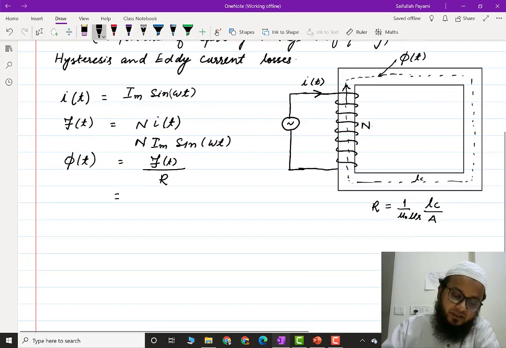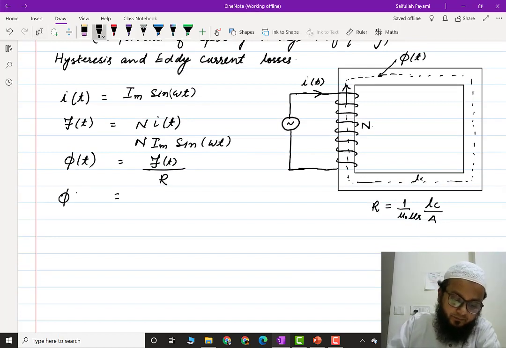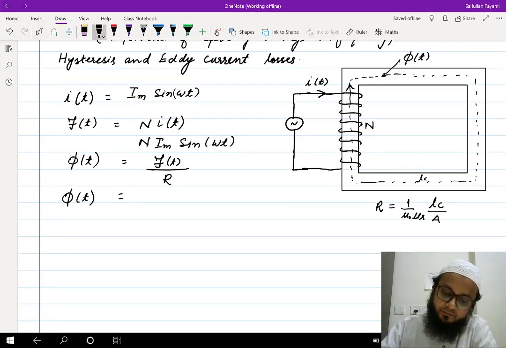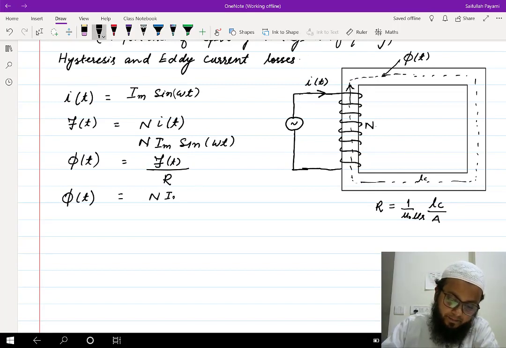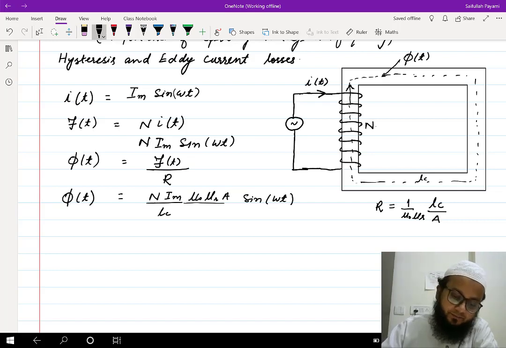So this would be N Im, R is LC upon mu naught mu R A, into sine of omega t.